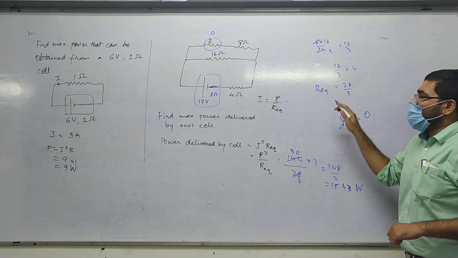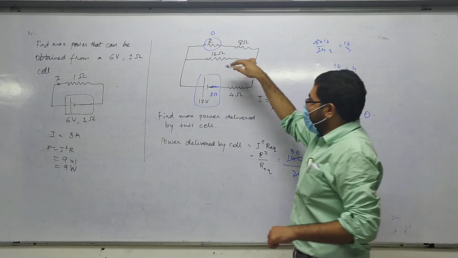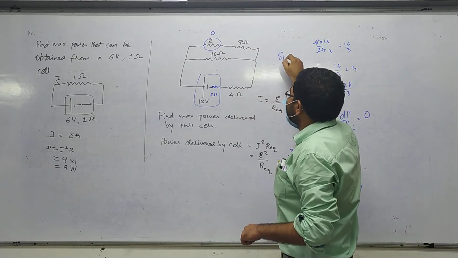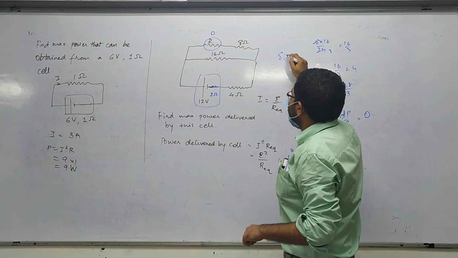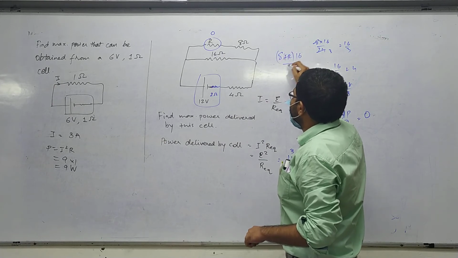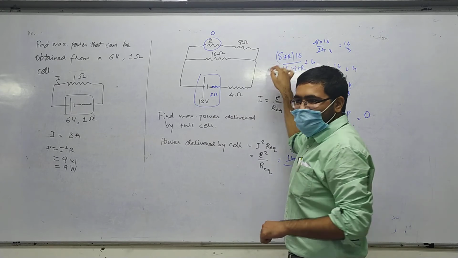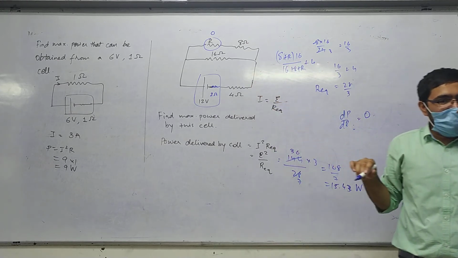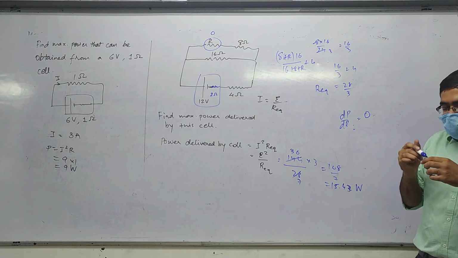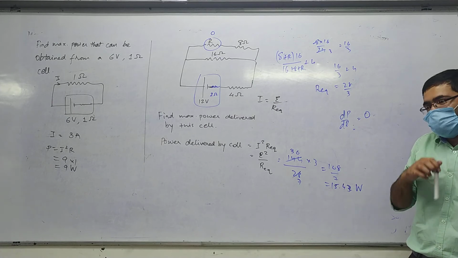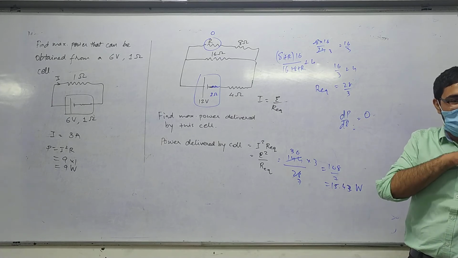First simplify everything and write 8 plus r into 16 upon 16 plus 8 plus r, plus 4. Is that okay or not okay? Then its differentiation, a long way to go for power.